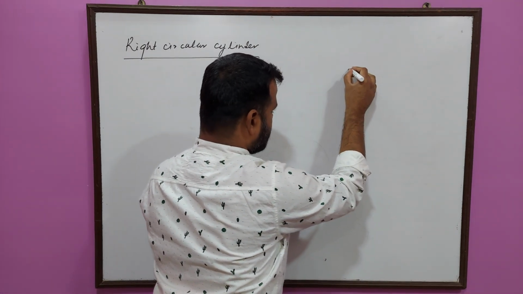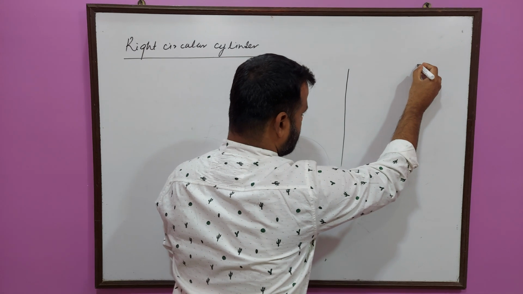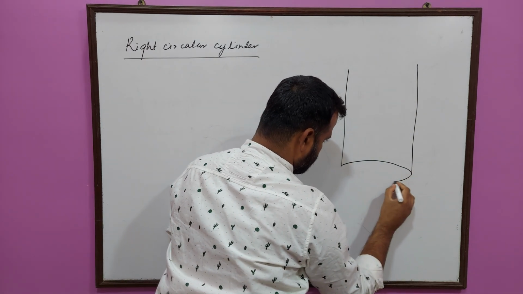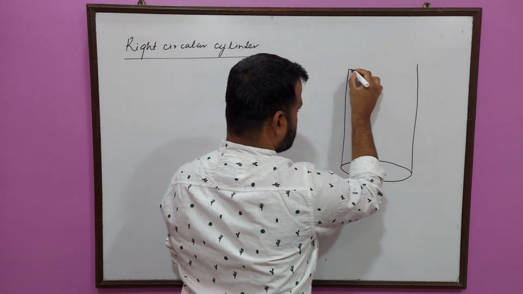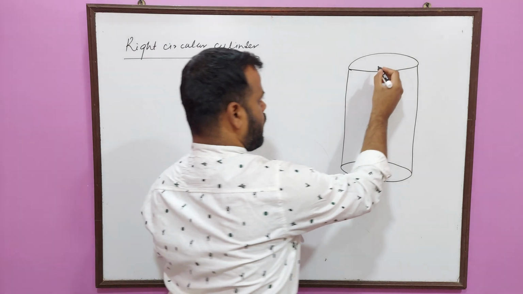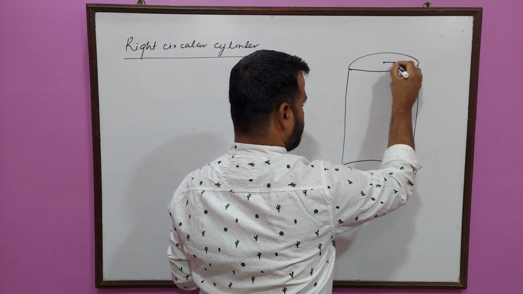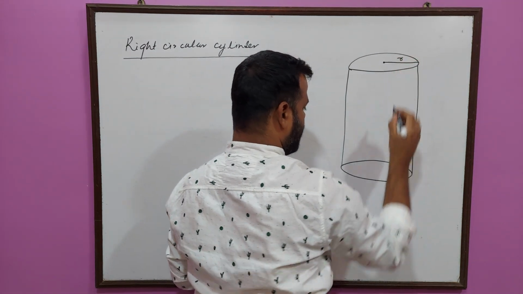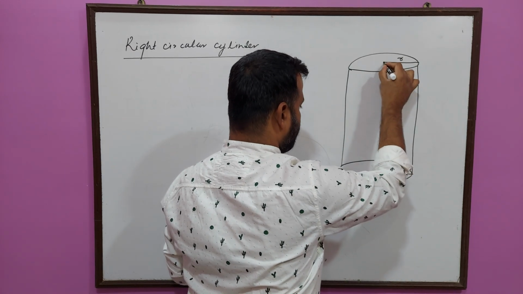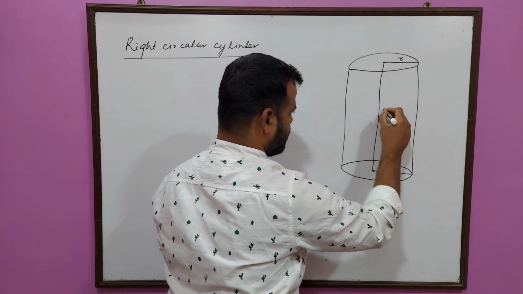So when we draw the right circular cylinder, it is having 2 circular faces. The circular face will be having a radius, and it is having a height.